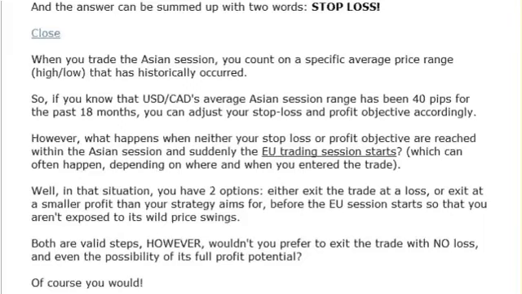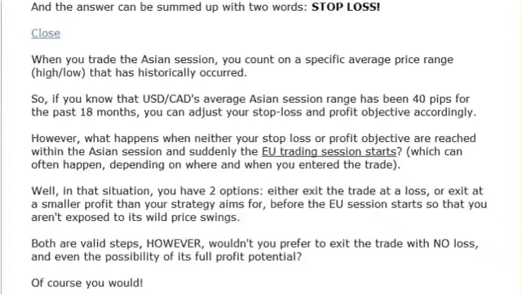Risk control. When you trade the Asian session, you count on a specific average price range, high to low, that has historically occurred and is still occurring. So if you know that the US CAD's average Asian session range has been 40 pips for the past 18 months, you can adjust your stop loss and profit objective accordingly.